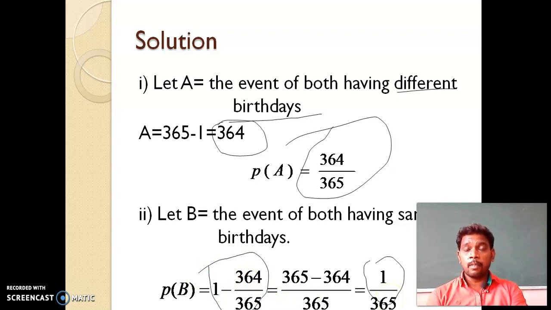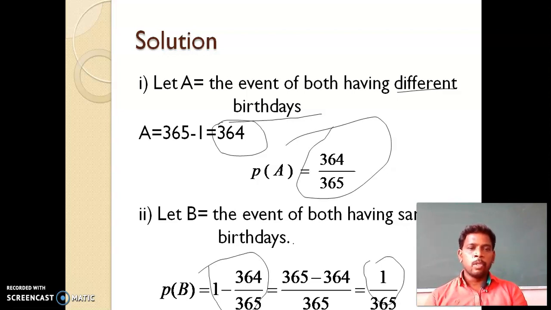Or you can use the property also, that is, in the last problem we used P(E) plus P(E bar) equal to 1. In that case also you can use it: 1 minus 364 by 365. You can substitute and subtract it. So whatever it is, you can use either the property or the logic.